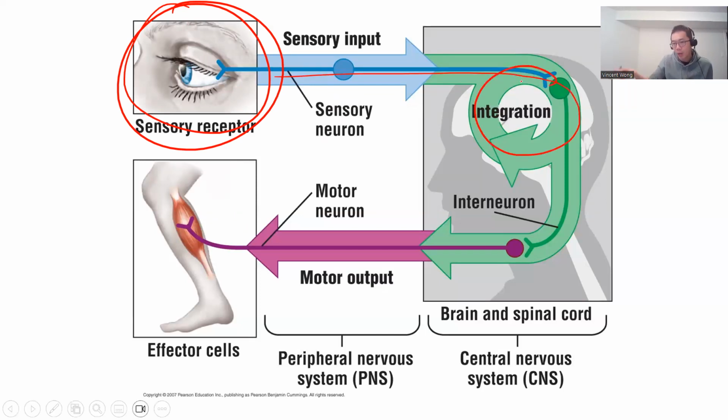In this case, it's the brain that's doing the processing, not the spinal cord, because the eyes are closer to the brain than to the spinal cord. That's the only reason. Then it will send the signal back out to the calf muscle to contract and step on the brake. So in this case, the effector is the calf muscle. Understand?